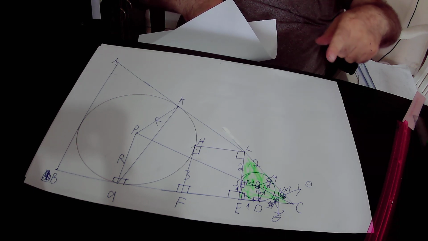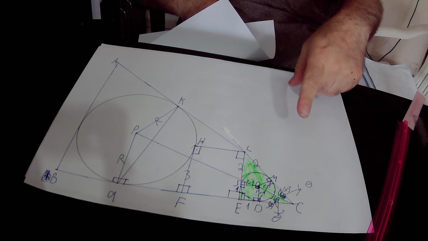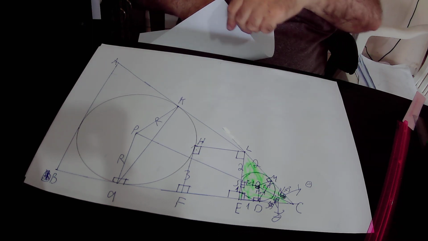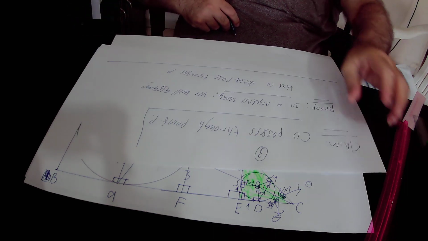Therefore we derive that CO passes through point P. That is the process of the proof.